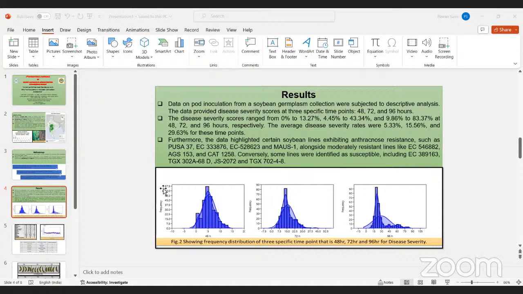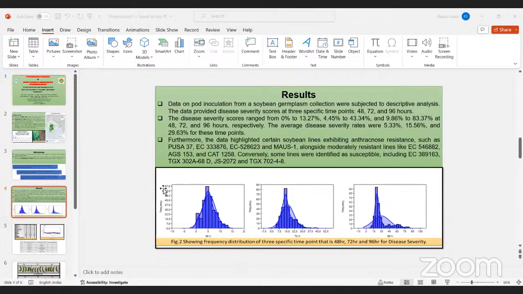For 72 hours it is 4.45% to 43.34%, and for 96 hours it is 9.86% to 83.37%. And the averages of these disease severity rates are 5.33%, 15.56%, and 29.63% respectively for these time points.